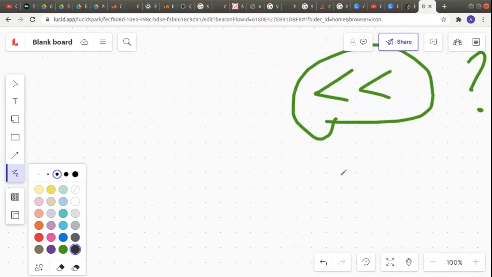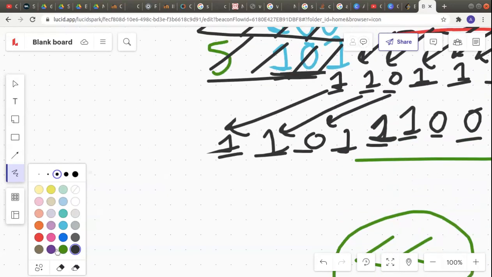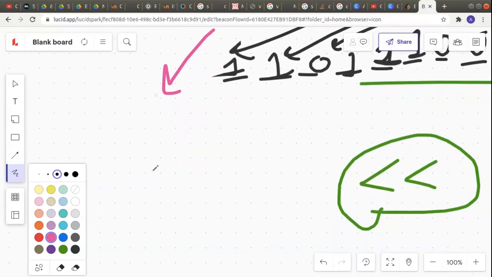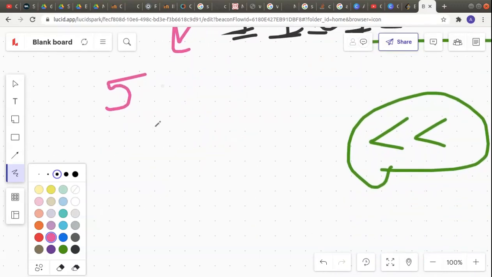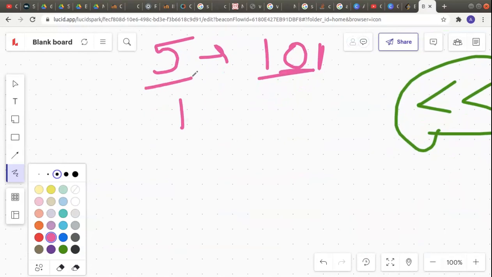So there is one formula for it. How do you find it? Take this number itself, 5. Suppose you take this number 5, and how do you find by how many digits its binary representation will have to get shifted to accommodate it? Its binary representation is 101 and the number is 5.